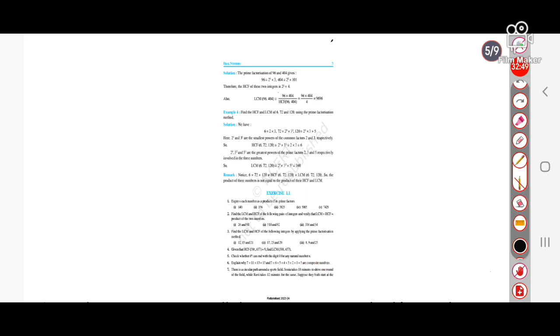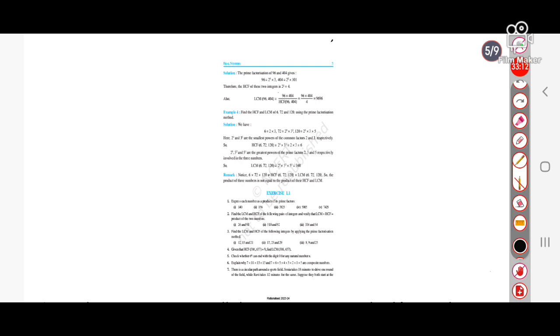There is a circular path around a sports field. Sonia takes 18 minutes to drive one round of the field, while Ravi takes, oh, I missed the sixth question.